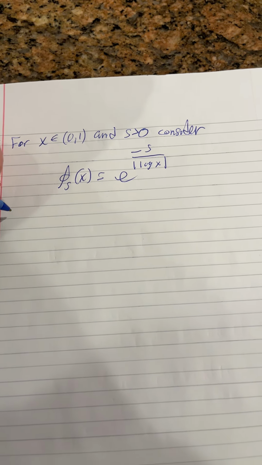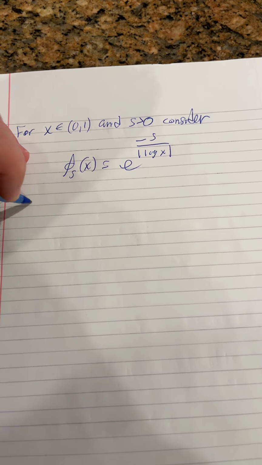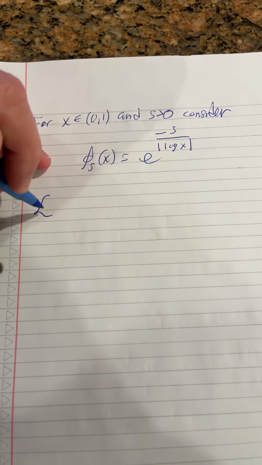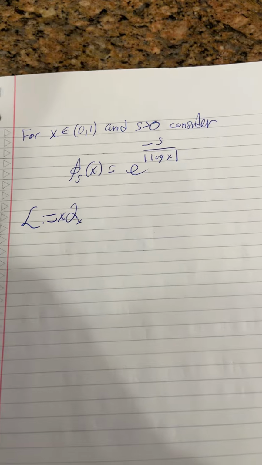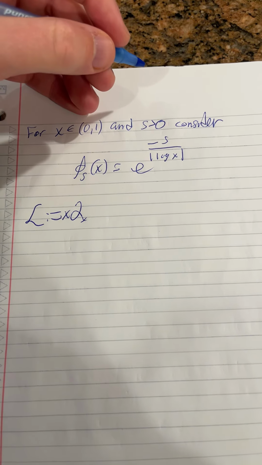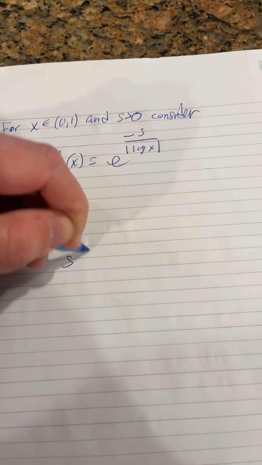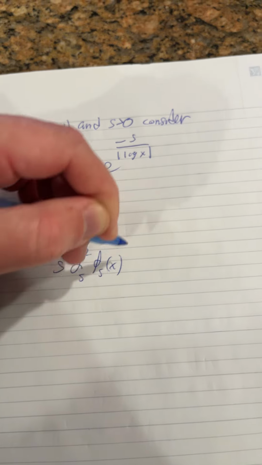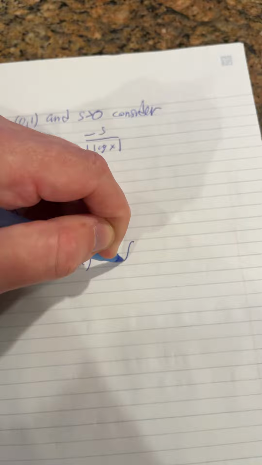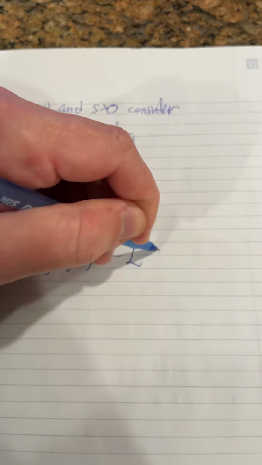So these functions satisfy the scaling p to e with generator L defined to be partial x, and the PDE is the following: s partial s phi sx equals negative L phi s of x.